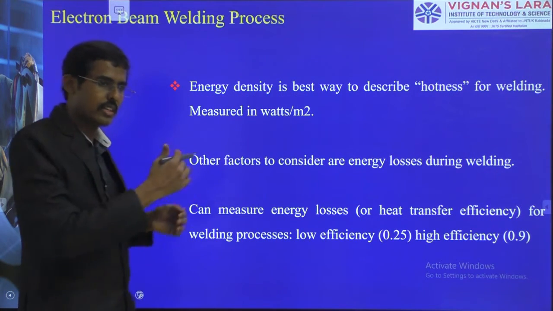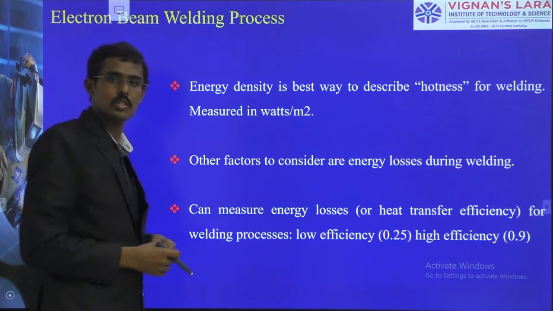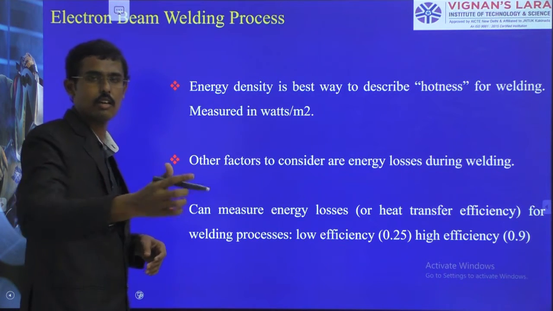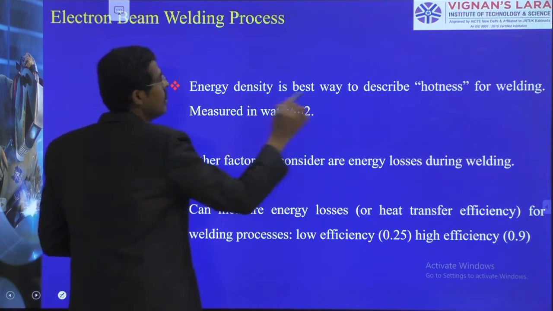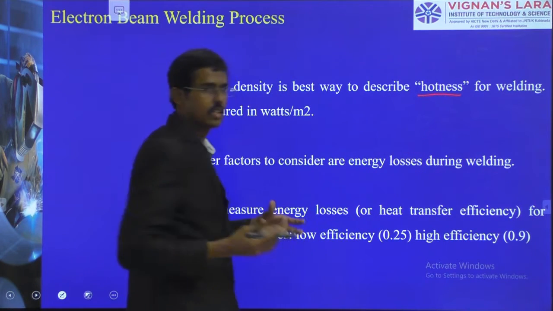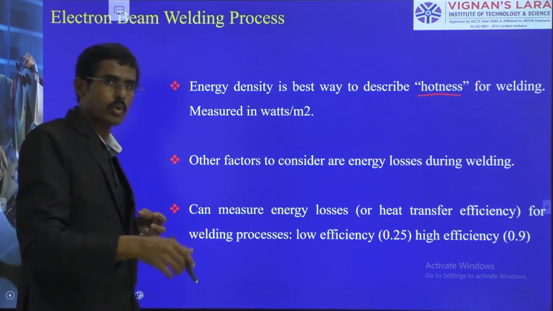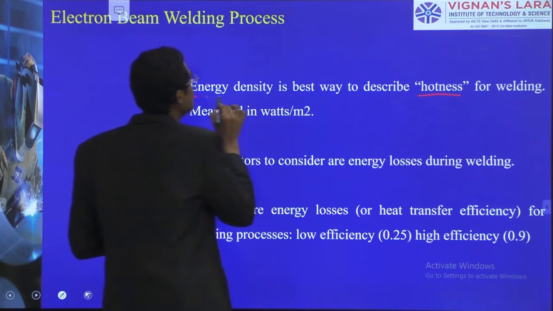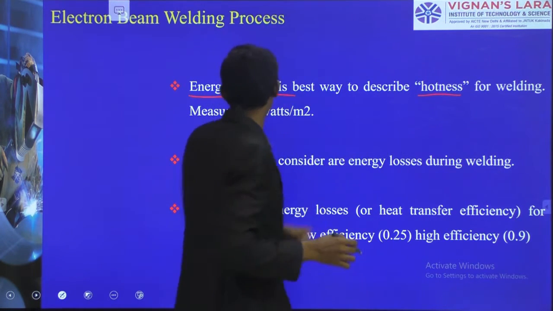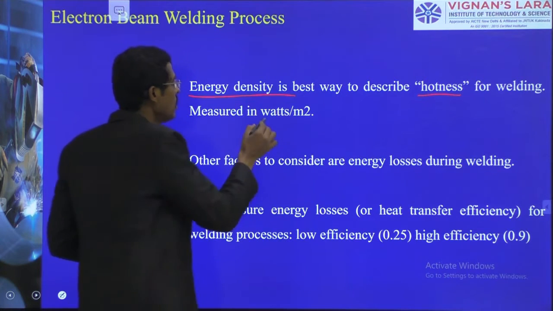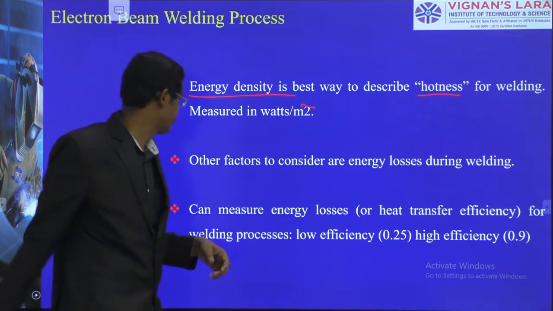So, going further in this process of laser and electron beam welding, I am describing the hotness, the warm-up conditions, the temperature we need for the welding process. I am describing it as the energy density for the welding process, which is usually measured in watts per meter square.